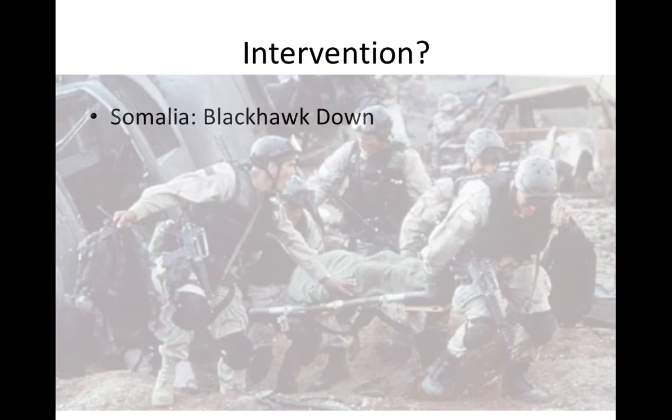An Army Ranger force was sent on a raid to capture Aidid, and it did not go well. 2 American Black Hawk helicopters were shot down, and in the rescue effort, 18 American soldiers were killed, 73 were wounded, and 1 U.S. pilot was captured and dragged through the streets, and eventually his body was burned, and it was a horrible incident. That incident led to President Clinton pulling the troops out of the intervention in Somalia.